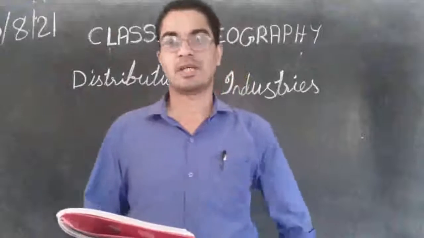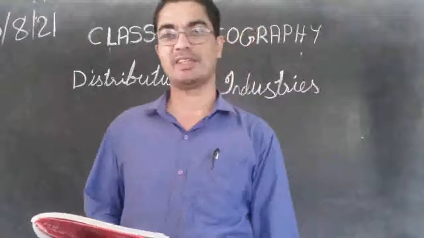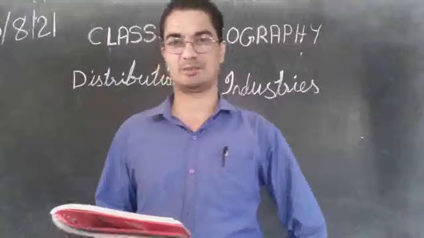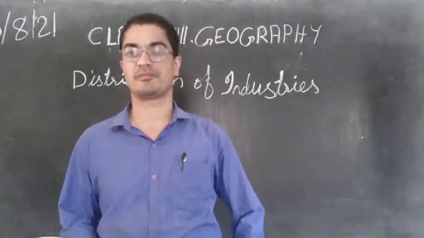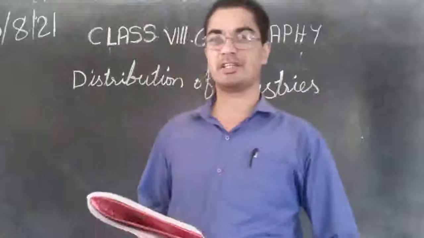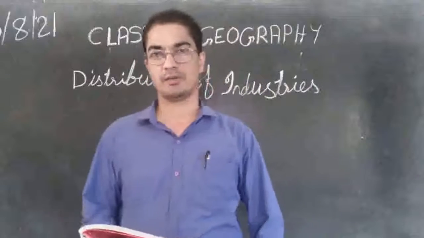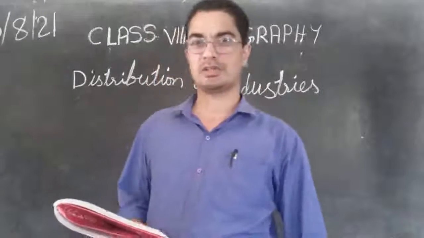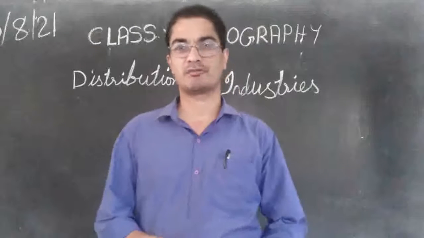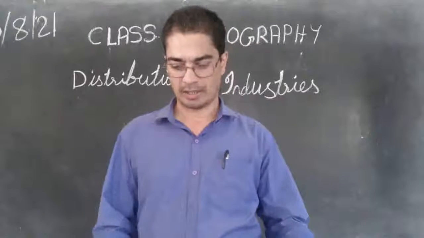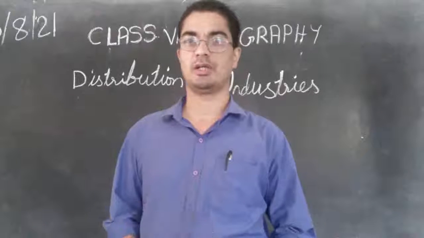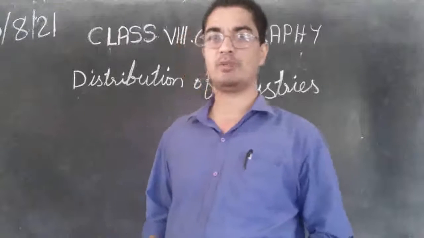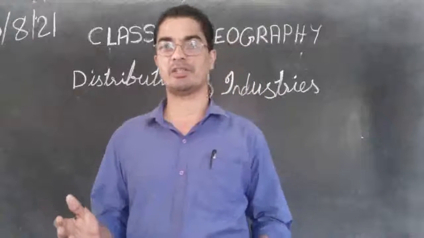And I hope you remember the topic that we were dealing with in the previous class. What is the topic that we are dealing with? The topic is industries. And we talked about the different types of industries and the danger that can come out of this industry, which is very fatal to the human beings who are living in the nearby places.